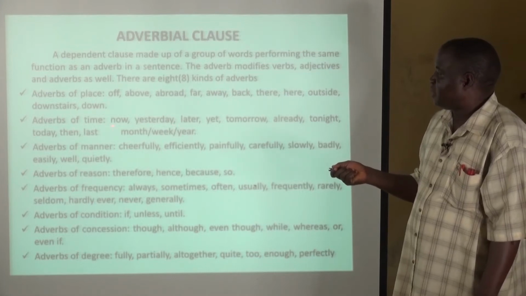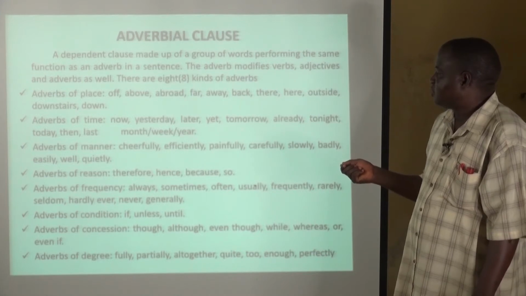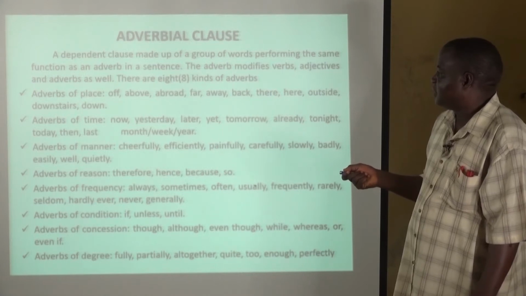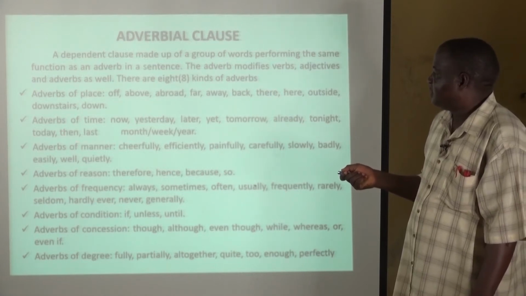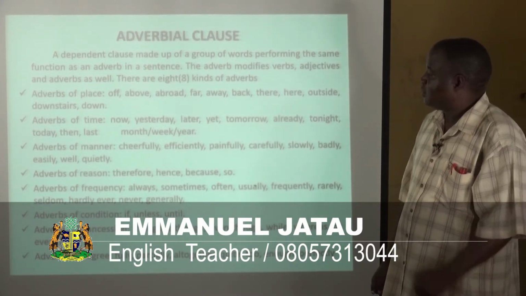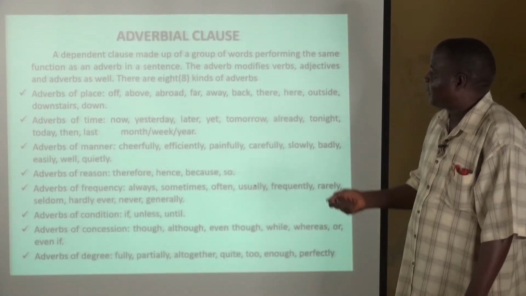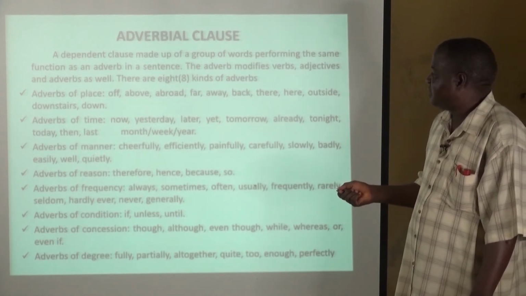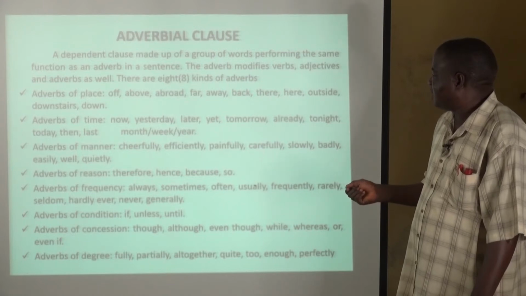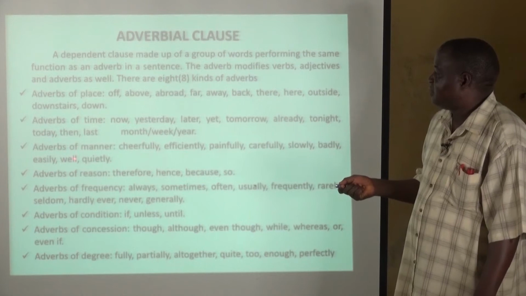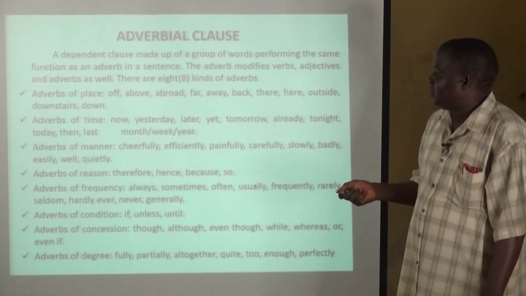Under adverb of time, we have now, yesterday, later, yet, tomorrow, already, tonight, today, then, last, last month, last week, last year. All these denote time. Adverb of manner, we have cheerfully, efficiently, painfully, carefully, slowly, badly, easily, well, quietly.